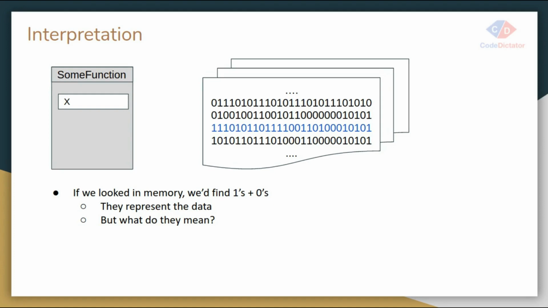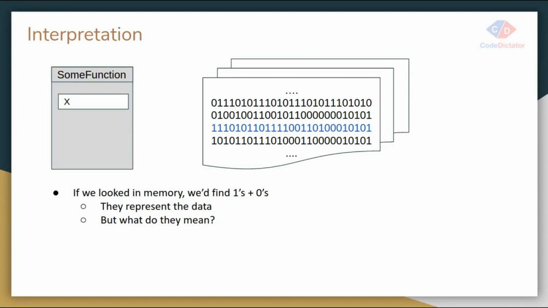Okay, so let's understand how this interpretation works. On the left we have a conceptual representation of the program that we are working with. There is a box called X, and on the right-hand side we have a bit of computer memory.